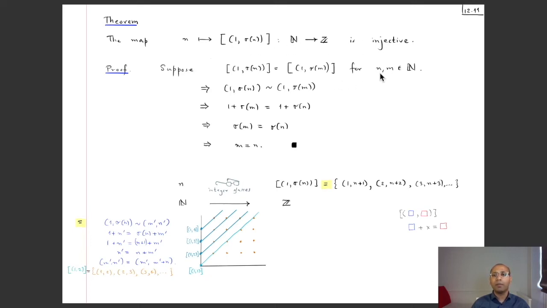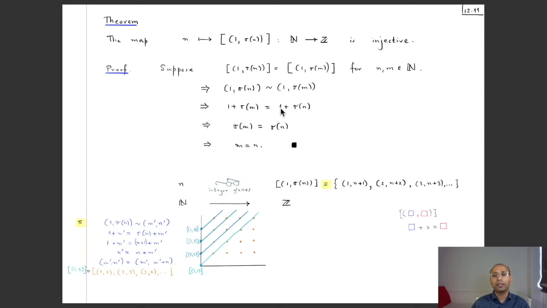So suppose that m and n are two natural numbers whose images are the same. The equivalence class containing 1, sigma n is the same as the equivalence class containing 1, sigma m. But whenever two equivalence classes are the same, and you take a representative from the first equivalence class and an element from the second equivalence class, then these two are related. So we have that 1, sigma n is related to 1, sigma m, which translated means that 1 plus sigma m is sigma n plus 1.